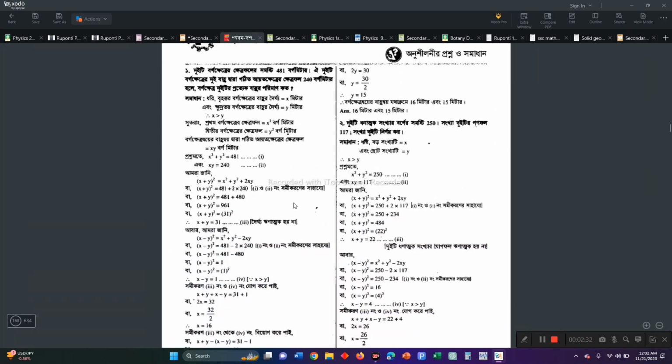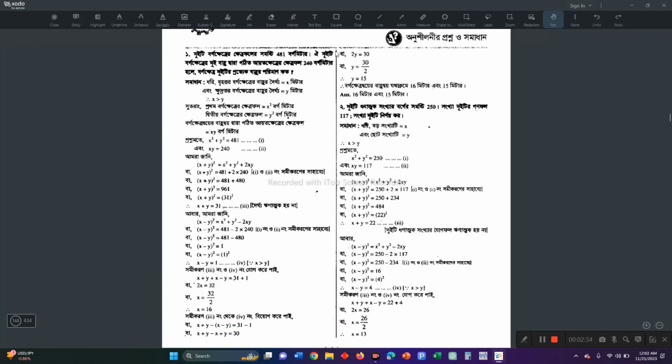Okay, let's get started. First of all, they have said that the side of the larger square is x and the side of the smaller square is y. So the area of the larger square is x square and the area of the smaller square is y square. So the sum, x square plus y square, is equal to 481.